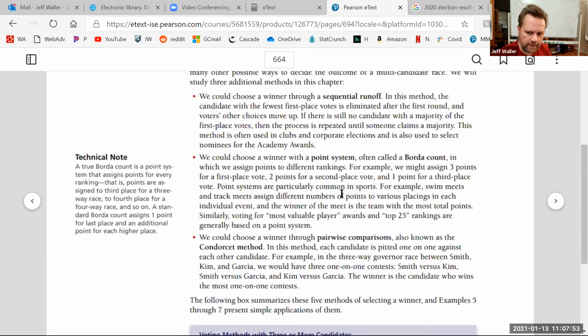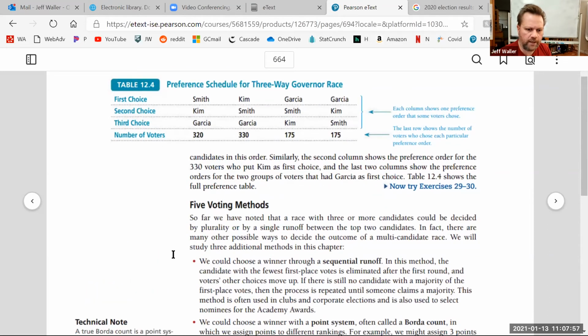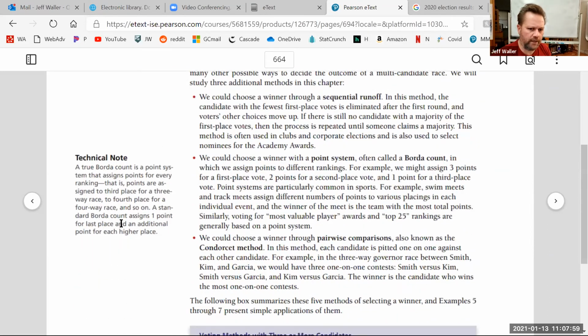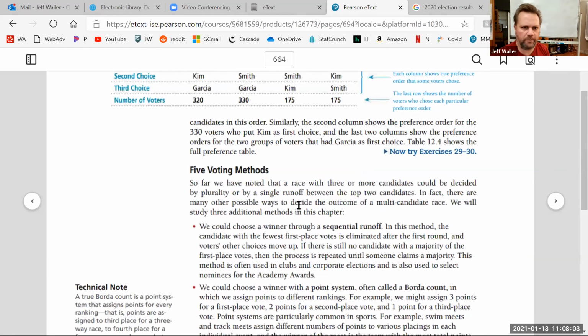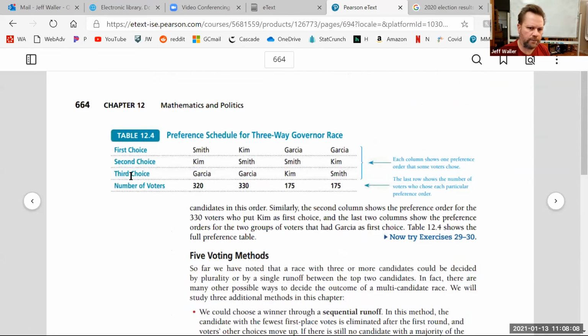The point system, you can give 3 points, 2 points, 1 point. You can actually do this many different ways. You can give 10 points, 5 points, 1 point. The official way is to start at the lowest place getting 1 point, and then you increase by 1 point each place you go up. So you could have 10 candidates: the 10th place gets 1 point, the 9th place gets 2 points, the 8th place gets 3 points, and so on.